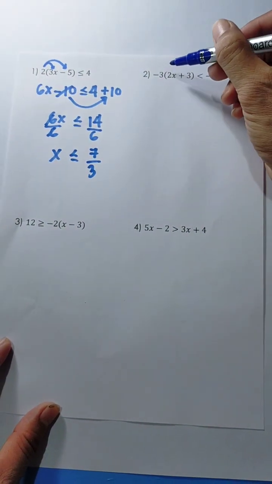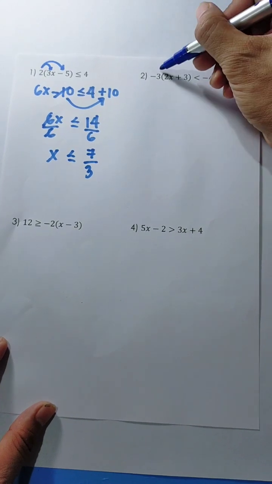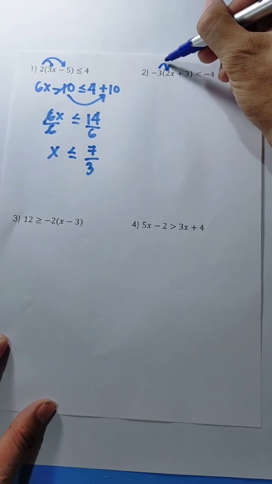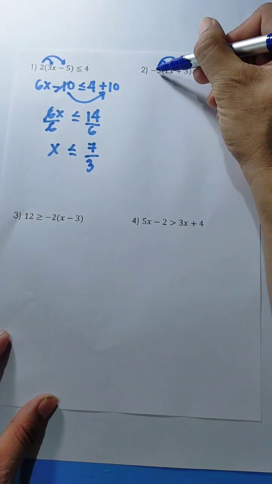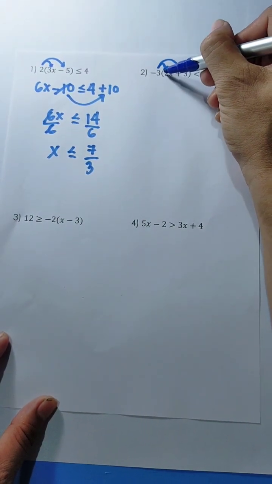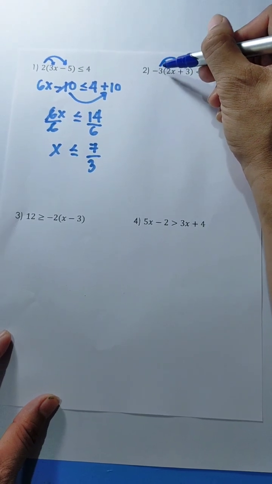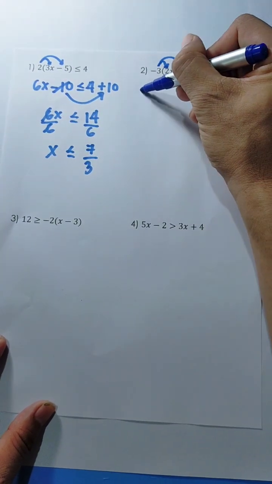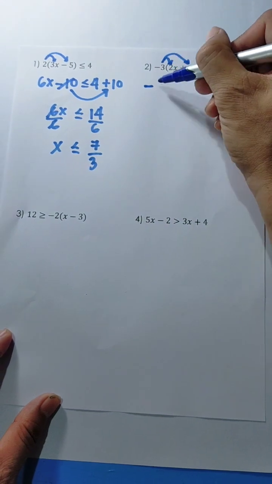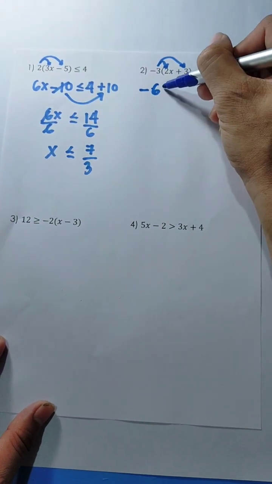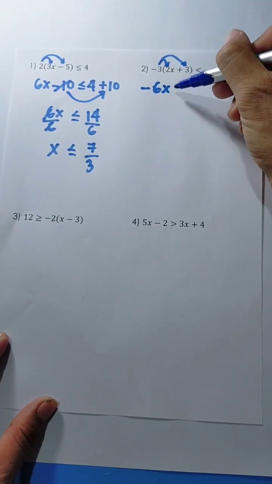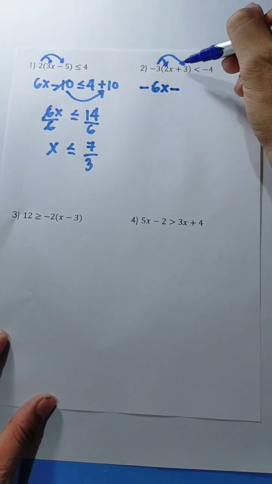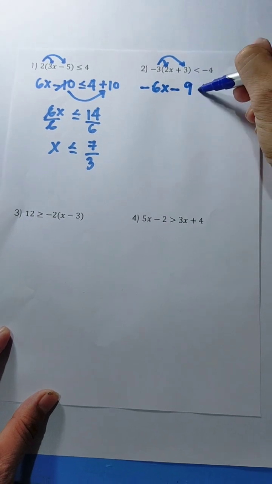In number 2, it's the same thing, distributive property. Negative, and you know that is positive there. Negative times positive is negative. 3 times 2 is 6, including the x. Negative times positive, that is negative. 3 times 3 is 9.